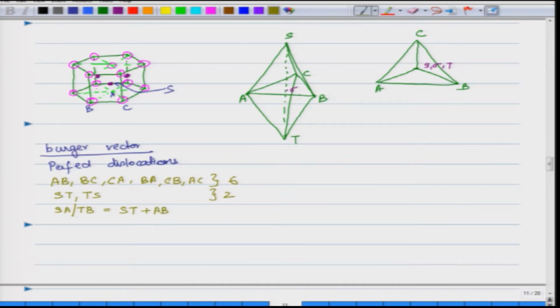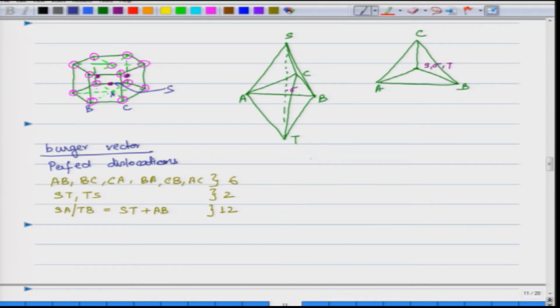And since there are so many possibilities, SA, SB, SC, TA, TB, TC and then AB, BC, CA, it will intersect all of those, and therefore, including their negatives, you will get 12 possible Burgers vectors. So, these are the perfect dislocations.